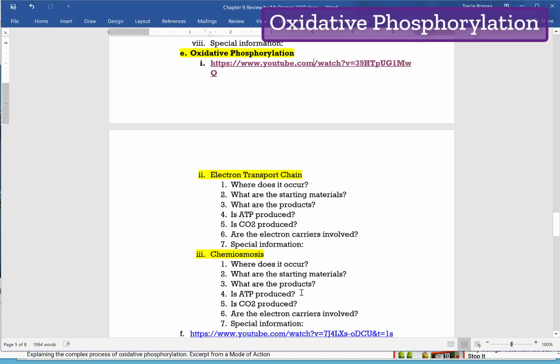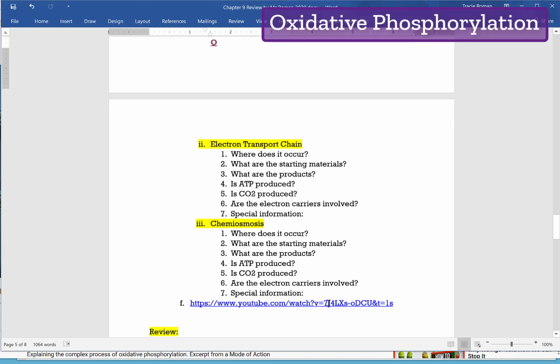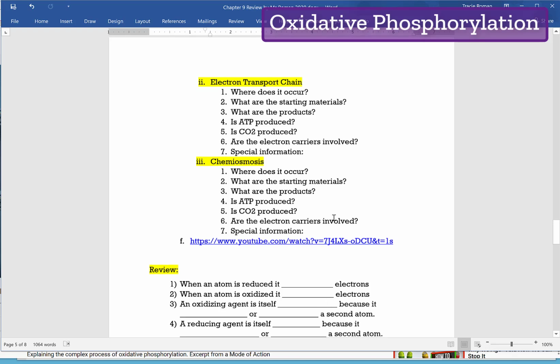So is ATP produced? Yes, a lot. A lot of ATP is produced. Like 34-ish molecules of ATP, depends on where that cell is. And CO2 is not produced here either. All the CO2 has been produced earlier. The electron carriers are kind of involved because they set up the electron transport chain.